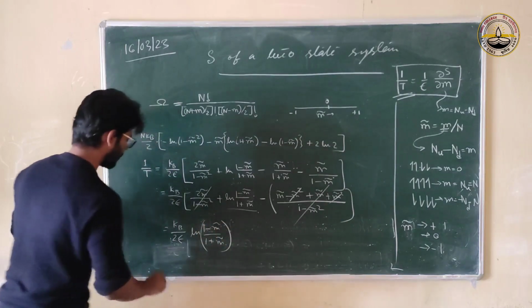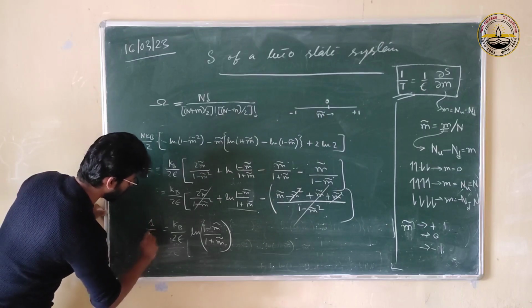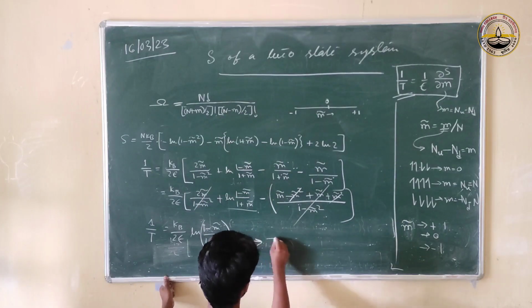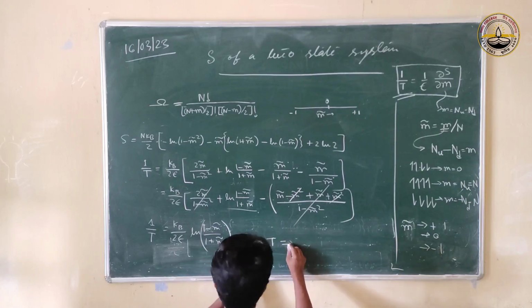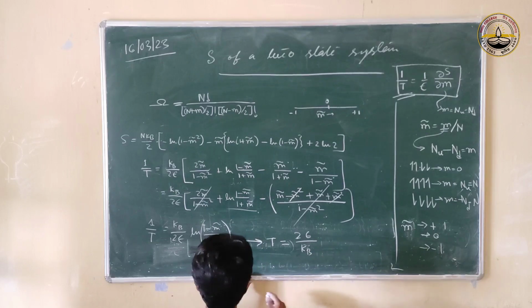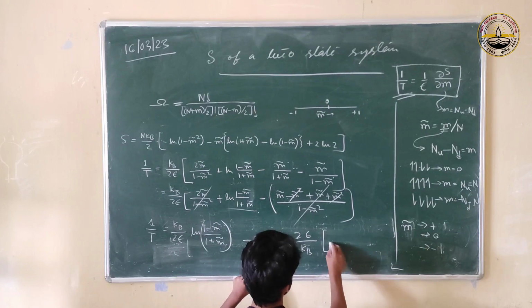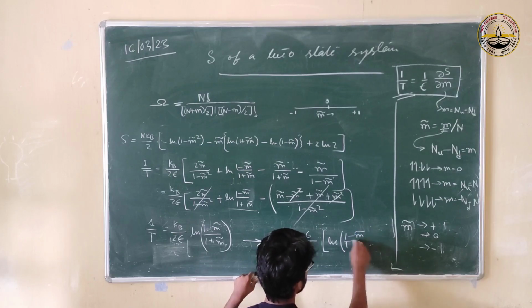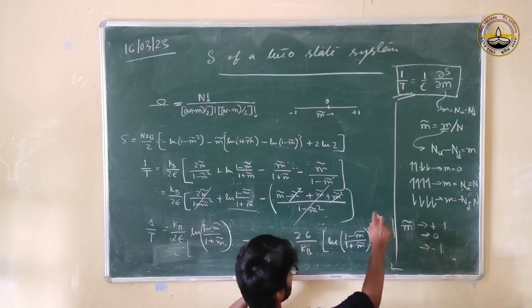That's it. That's our 1 over temperature, which will give us a temperature of 2 epsilon by kb, right? And log of 1 minus m tilde by 1 plus m tilde to the power minus 1.